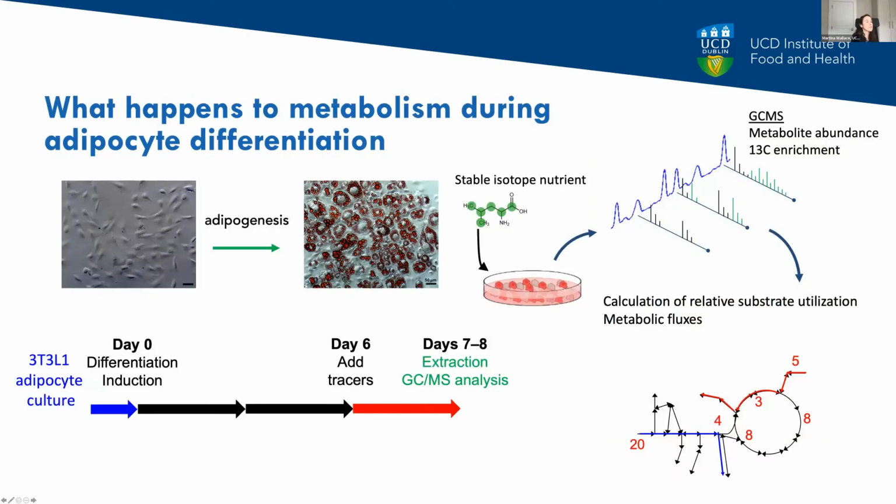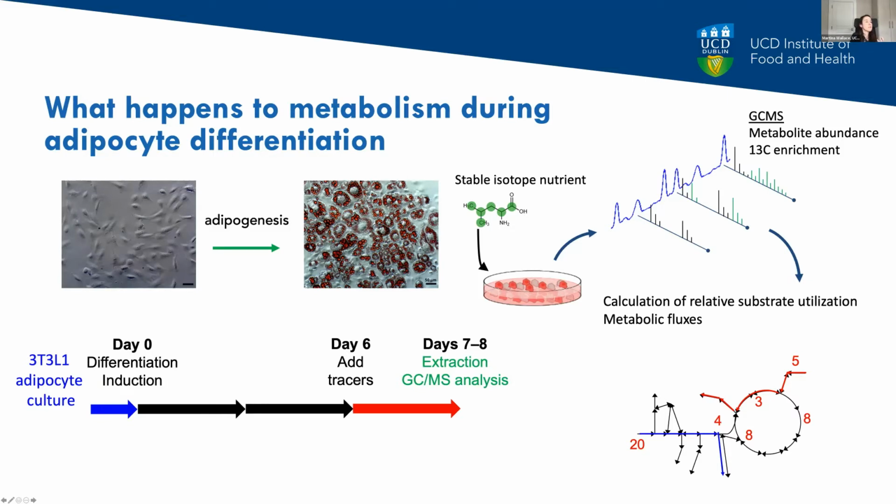In order to study adipocytes, we decided to use the 3T3-L1 adipocyte culture system. With these cells, you grow them as pre-adipocytes first, which are like proliferating fibroblasts. Then by adding an induction cocktail, you can promote differentiation to these lipid-laden, more mature adipocytes.